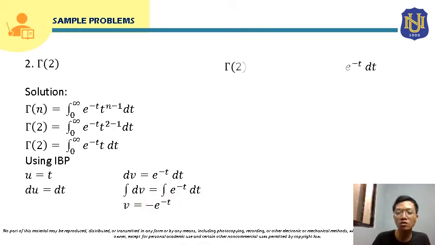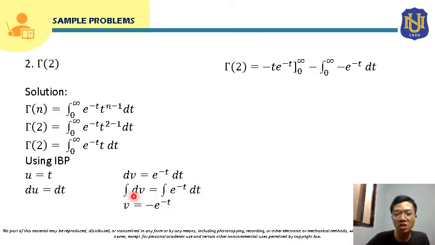From here, we will use IBP, that is uv minus the integral of v du. Our u here is t, and our v here is negative e raised to negative t. That's why this becomes like this. So we will evaluate that from 0 to infinity, minus the integral of v du.